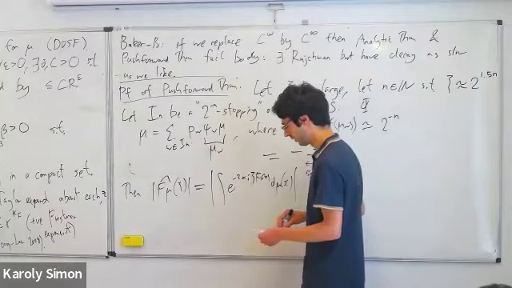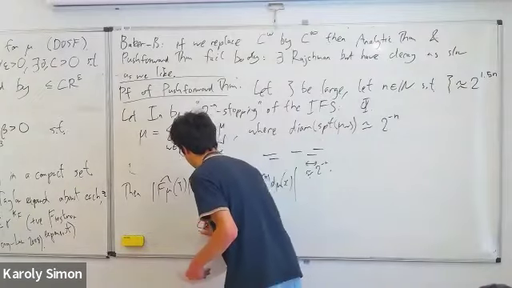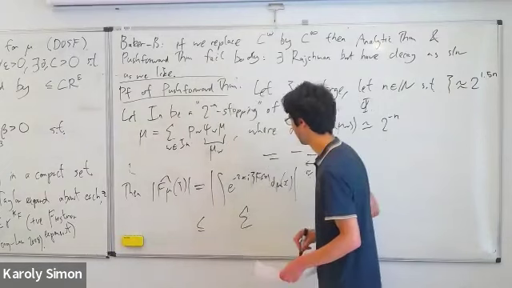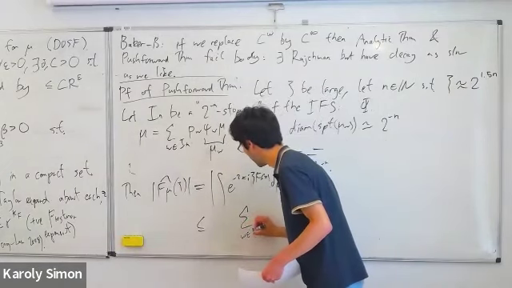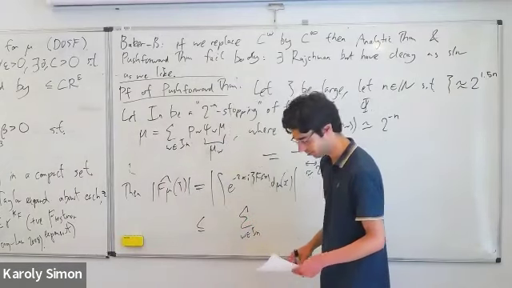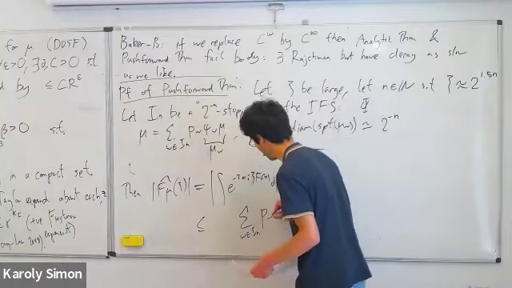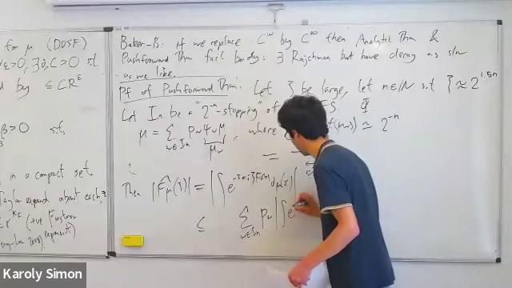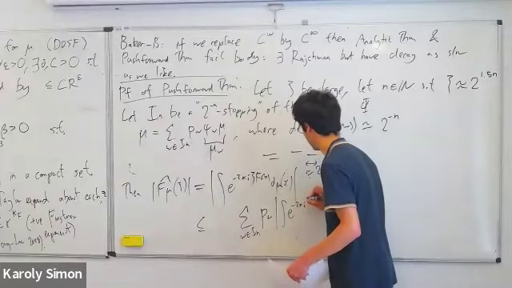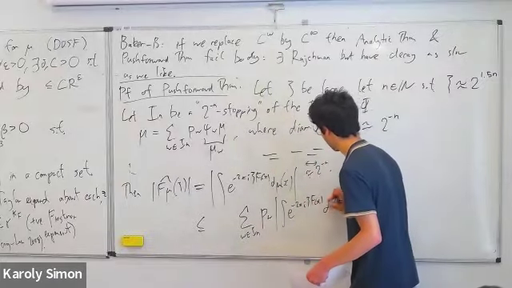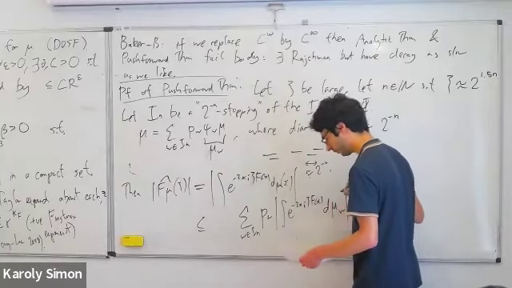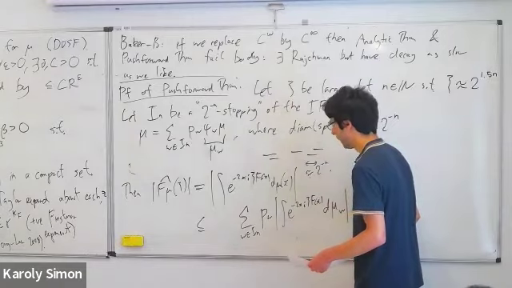And this we can bound by the triangle inequality. We can take the sum over all of these words w in our 2 to the minus n stopping, p_w times the magnitude of the integral of e to the minus 2 pi i psi f of x d mu_w.